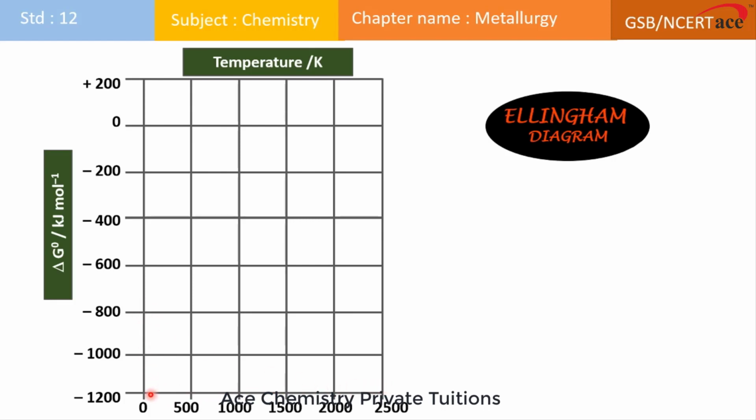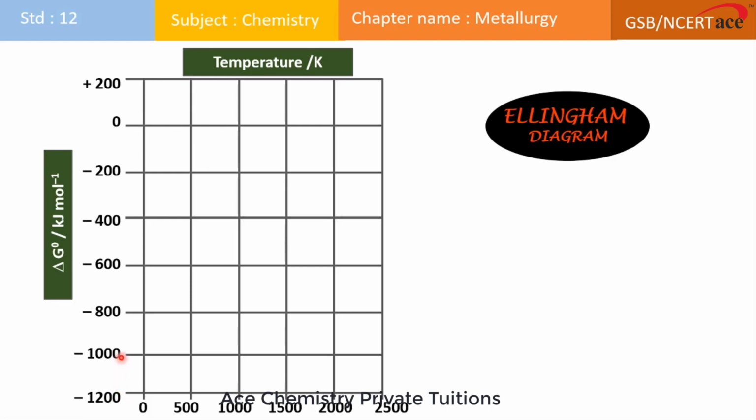Now the point to be noted: on the y-axis at the origin, student, the value does not start from 0. The lowest possible value on this graph for delta G naught is minus 1200, and as we move up, the value goes on becoming less negative. The lowest value at the origin point is minus 1200 kilojoule per mole.